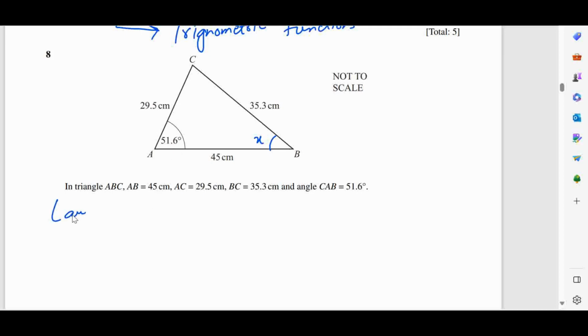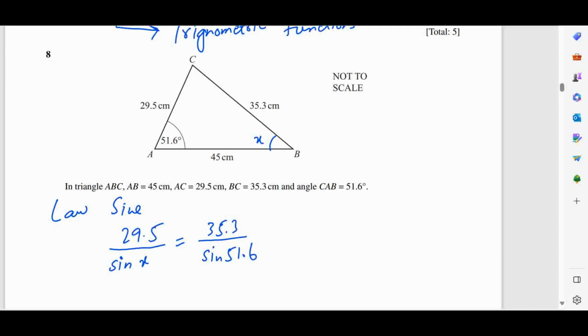So law of sine says that the side 29.5 divided by the opposite angle, that is sine of x. So 29.5 divided by sine of x will be equal to 35.3 divided by sine of 51.6.